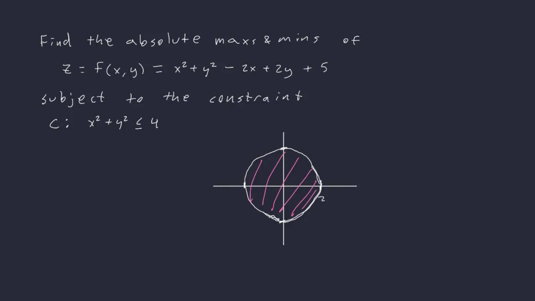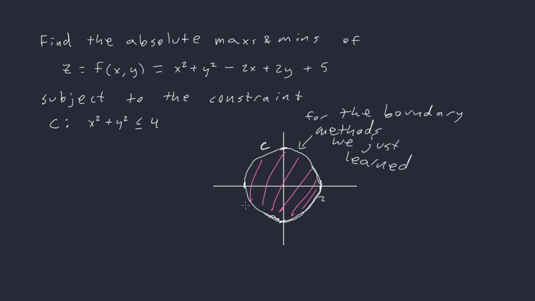All right, so you do the boundary with the methods we just talked about. This is actually called the boundary. That's our curve C is the boundary. The region enclosed, maybe we could call this A for the region. For A, you find the critical points of F just like we did in the last section, the max and min problems.